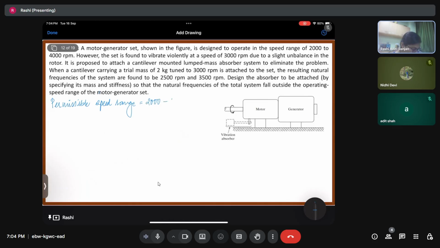This is the permissible speed range that we have.